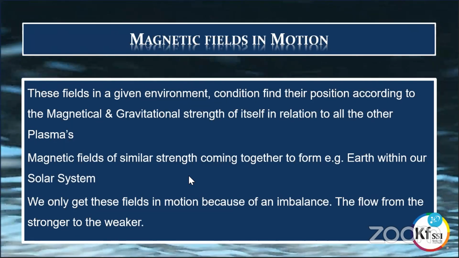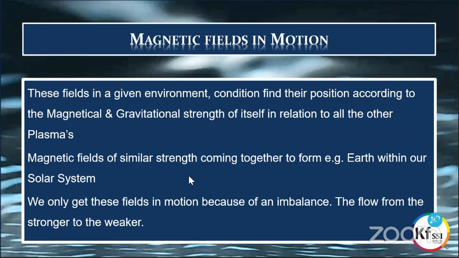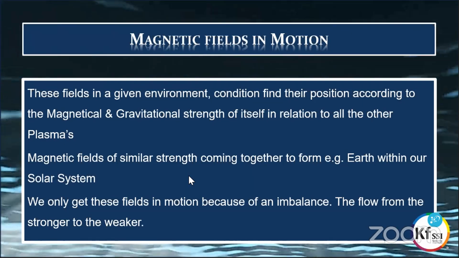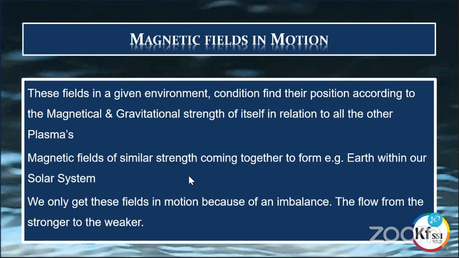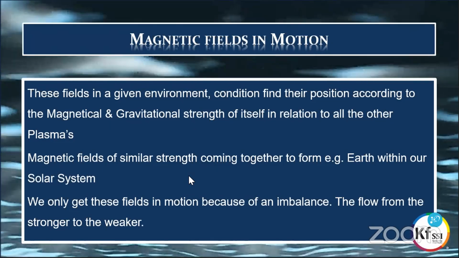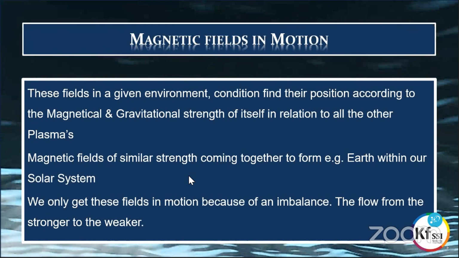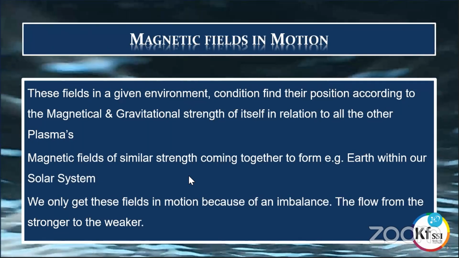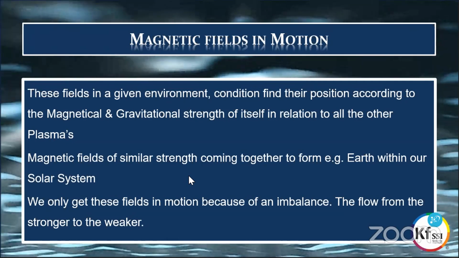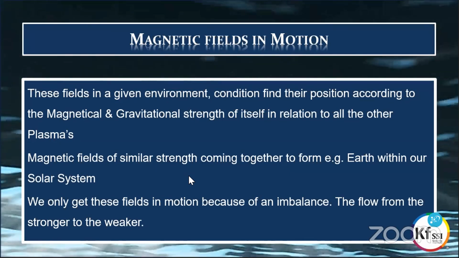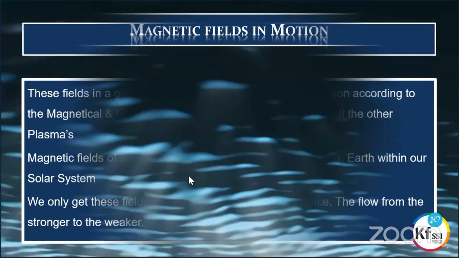So everything around it will affect it as well. So the magnetic fields of a similar strength come together to form, for example, the Earth within our solar system. And we only get these fields in motion because of an imbalance, the flow from the stronger to the weaker.